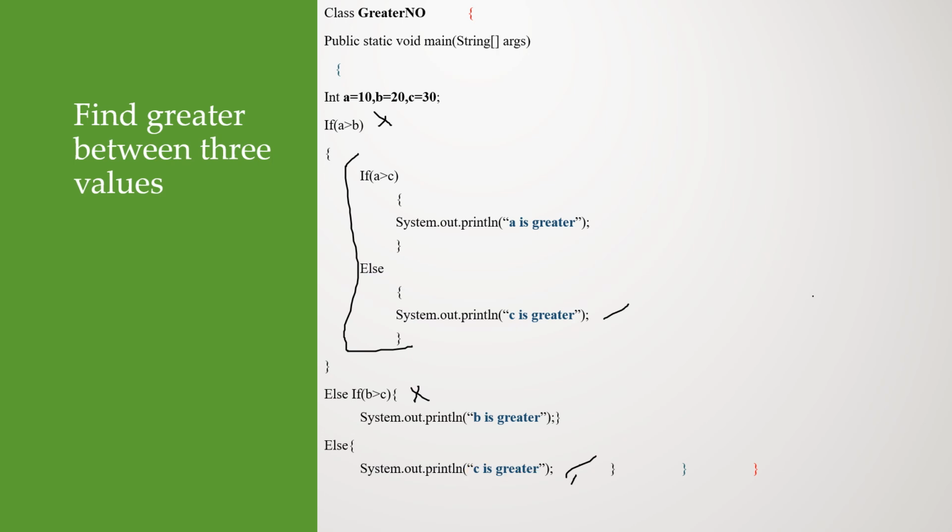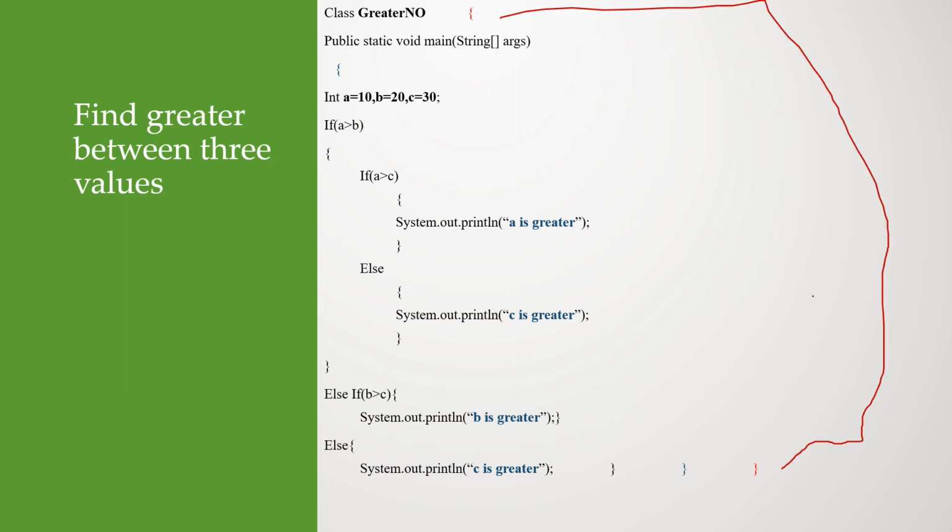So here I will show you from where to where the methods will come. This one is the main method, this is the body, and if you see here, from here to here is the main method.